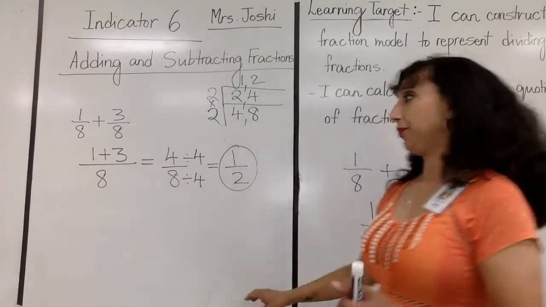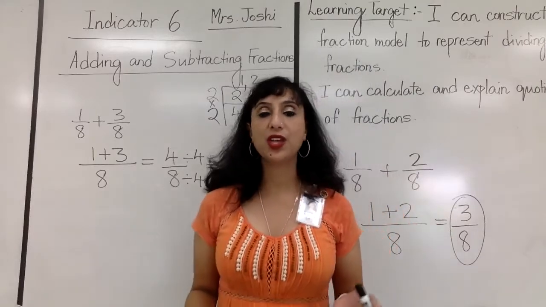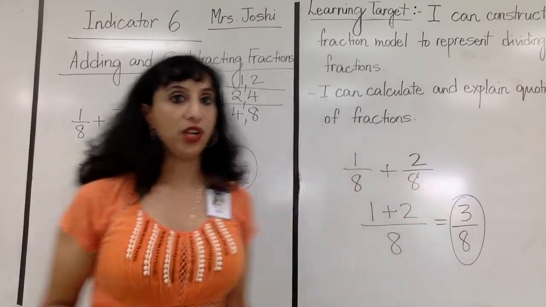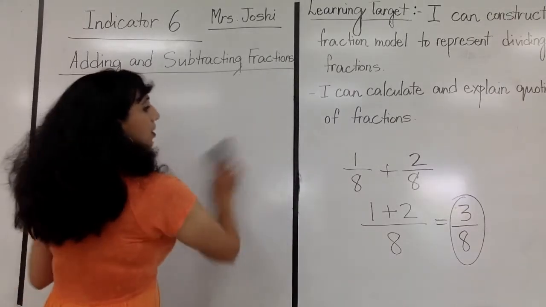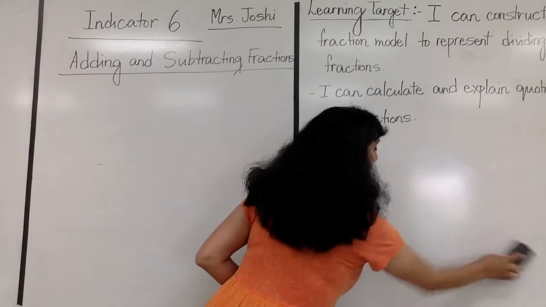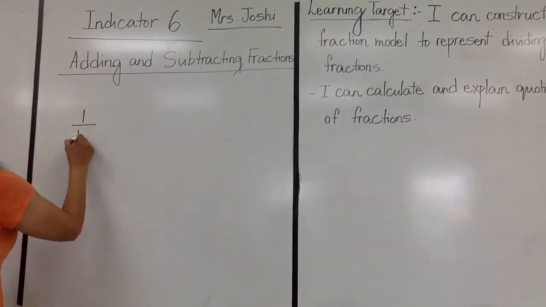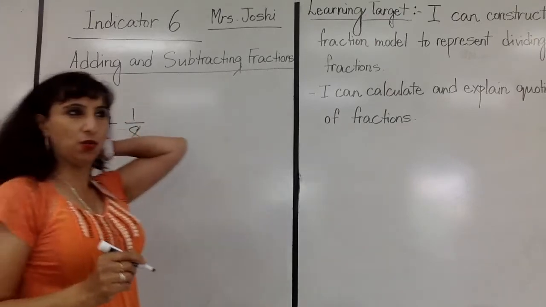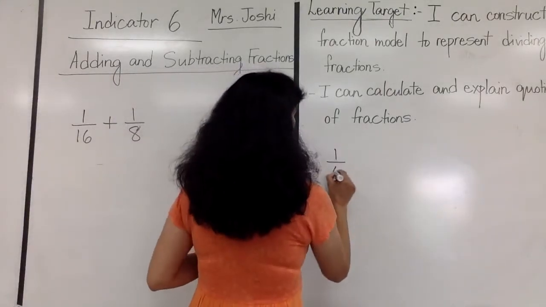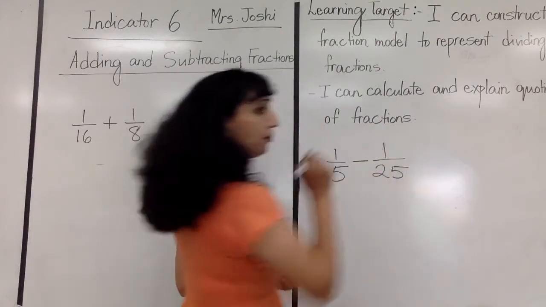Okay, now let's talk about when we have denominators that are different. So I'm going to use 1/16 plus 1/8, and then I can do one which is 1/5 minus 1/25.